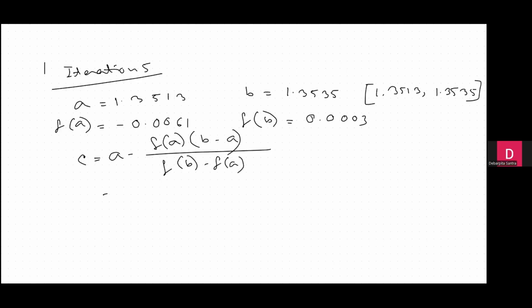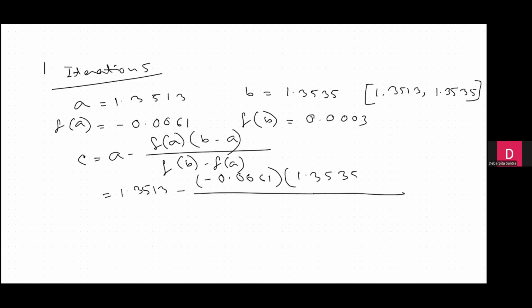So a is our 1.3513 minus f of a, which is minus 0.0061, into b minus a, that means 1.3535 minus 1.3513, divided by f of b minus f of a, 0.0003 minus minus 0.0061. Okay. So c will now become 1.3520. And we have to calculate f of c now.